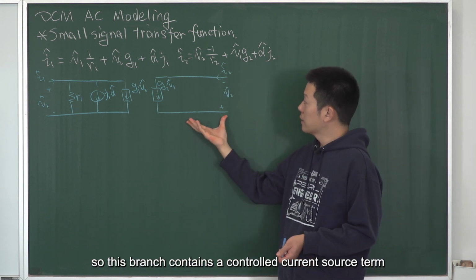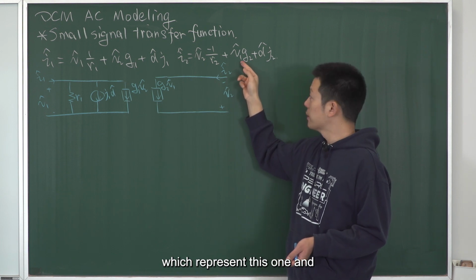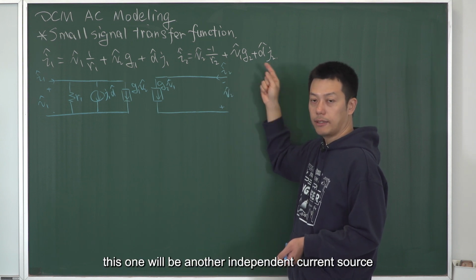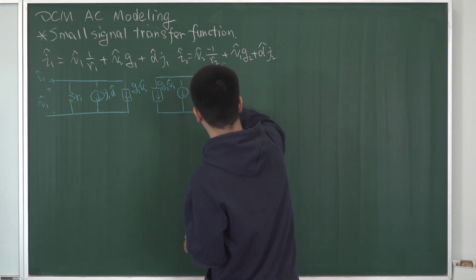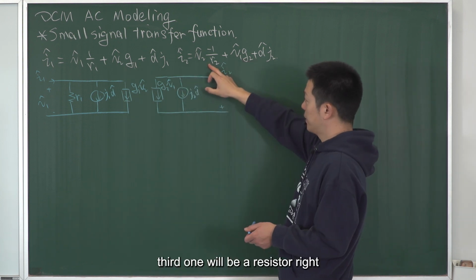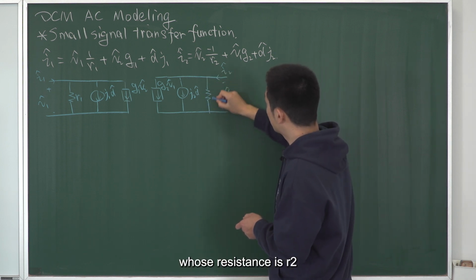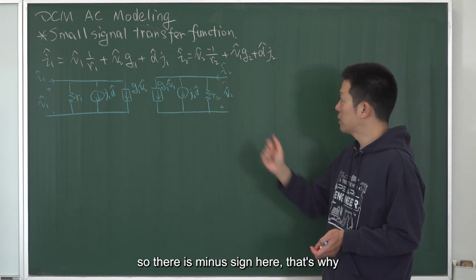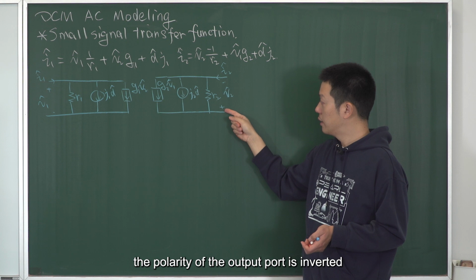So this branch contains a controlled current source term, which represents this one. And this one will be another independent current source. And the third one will be a resistor, right, whose resistance is R2. So there is a minus sign here. That's why the polarity of the output port is inverted. Here is positive.